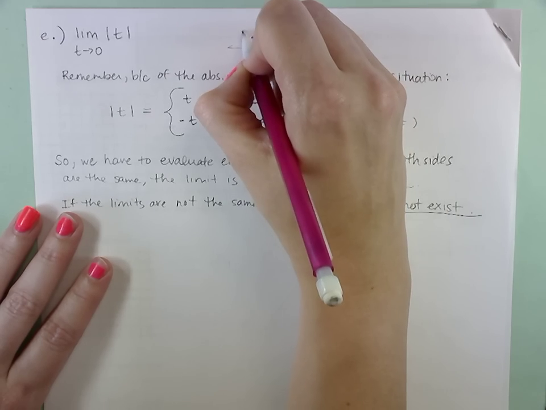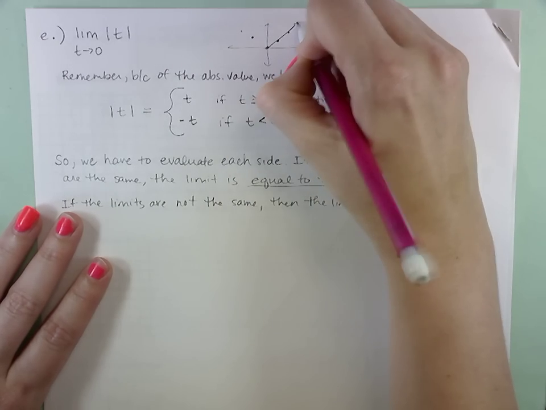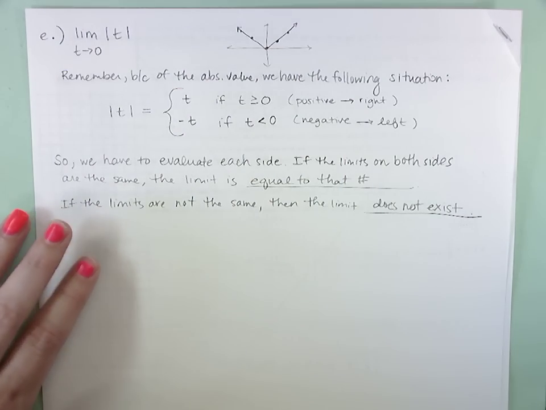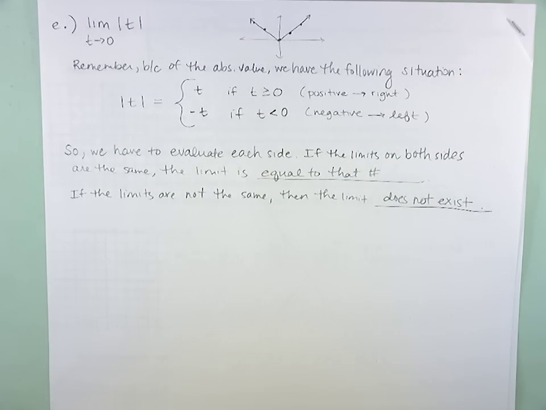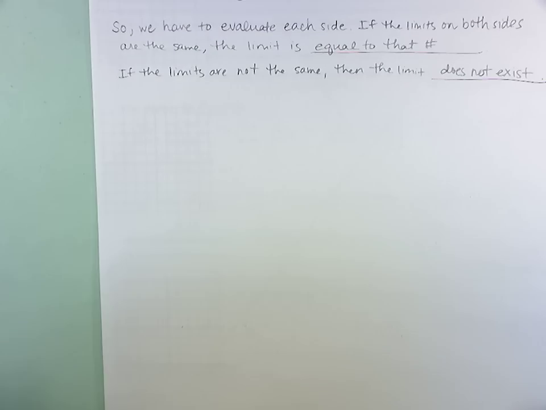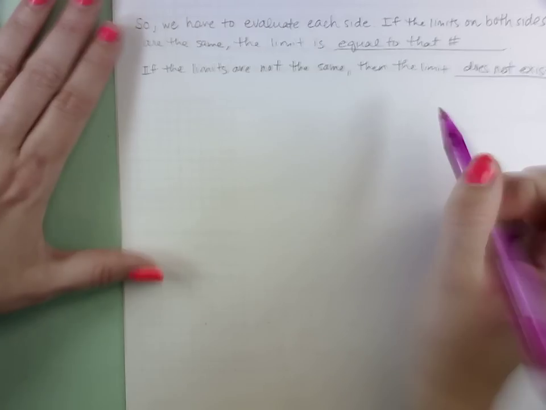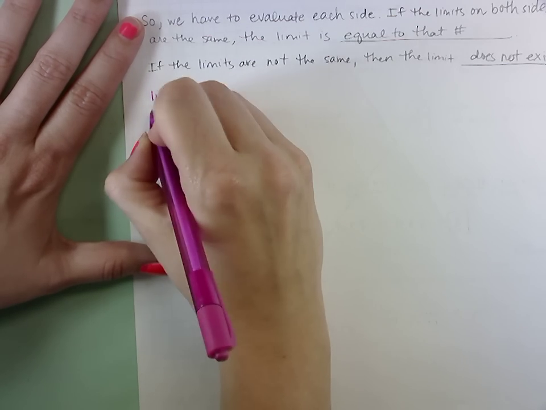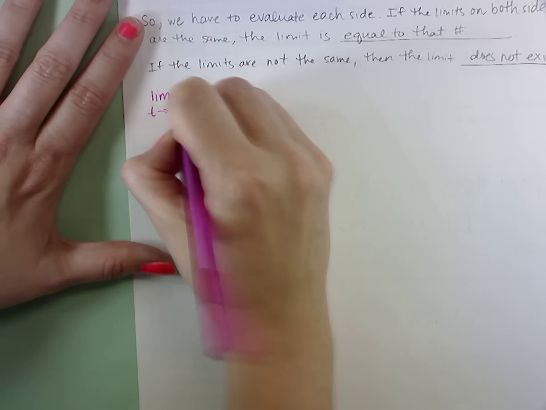That's why it creates the V shape on both sides. We're going to use that to help us evaluate each limit. The first thing we're going to do is evaluate from the right. So we're going to find the limit as t approaches 0 from the right of the absolute value of t.